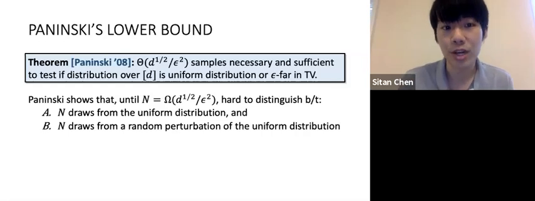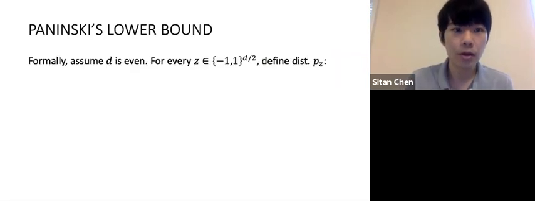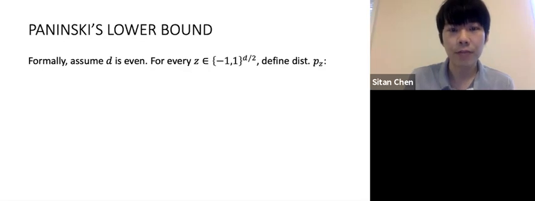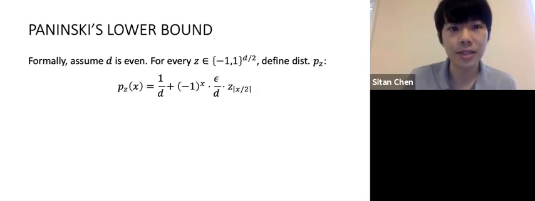So let me clarify what I mean by random perturbation. Let's just say the domain size D is even. We're going to pair up the domain into D over 2 buckets. So I'm going to pair up the first and second element, the third and fourth element, etc. And for each one of these D over 2 buckets, I'm going to pick a random bit, either -1 or 1. I'm going to design a distribution P sub z as follows.